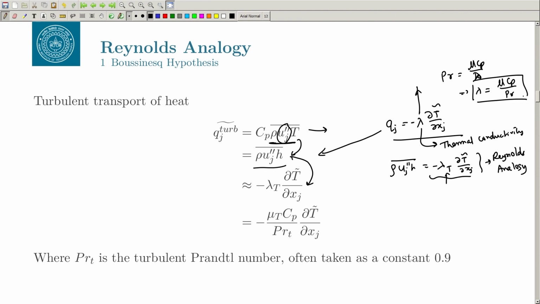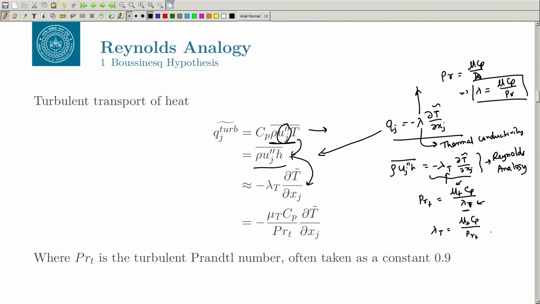So, in the same spirit, we will define a turbulent Prandtl number, okay, which is given by Prt, and that will be mu T Cp by lambda T. So, this is the eddy viscosity and this is the turbulent thermal conductivity. So, that way you can now write our turbulent thermal conductivity as mu T Cp by Prt, right.